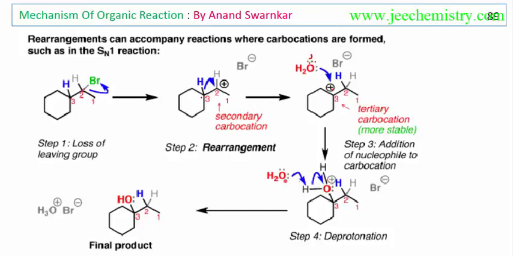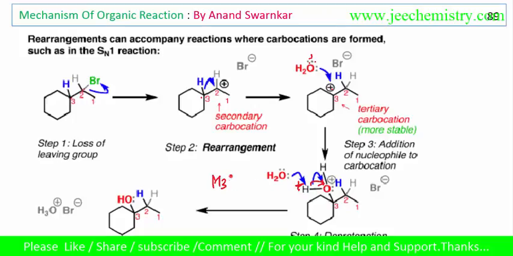Now in the solution there is not only one water molecule, there are many water molecules in the solvent. Here one molecule has attacked. Now a second water molecule will attack the hydrogen. Because of the plus charge, it will try to stabilize, so it will break the bond and the oxygen becomes stable. The H takes the plus charge, the lone pair will attack this, and H3O plus will be formed.